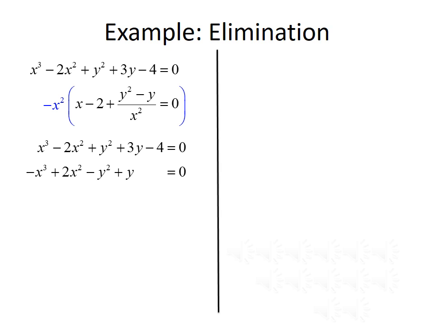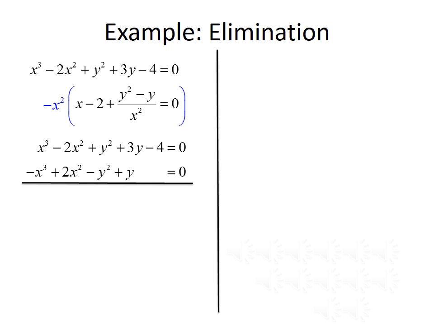So if we multiply the second equation by negative x squared, when we distribute that throughout, we'll get the new second equation, negative x cubed plus 2x squared minus y squared plus y equals 0.